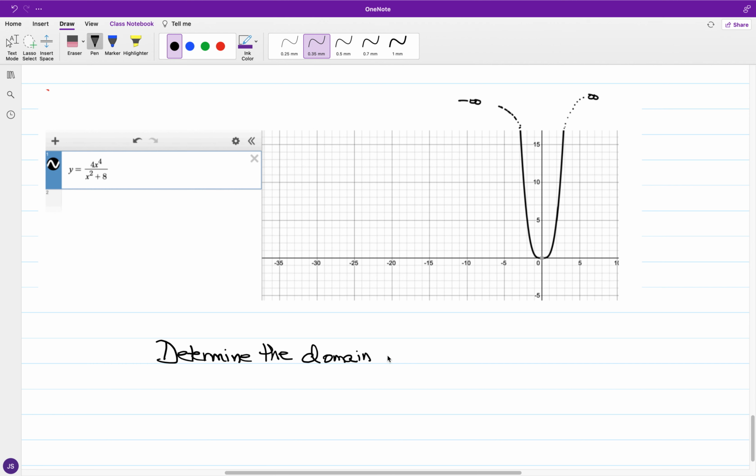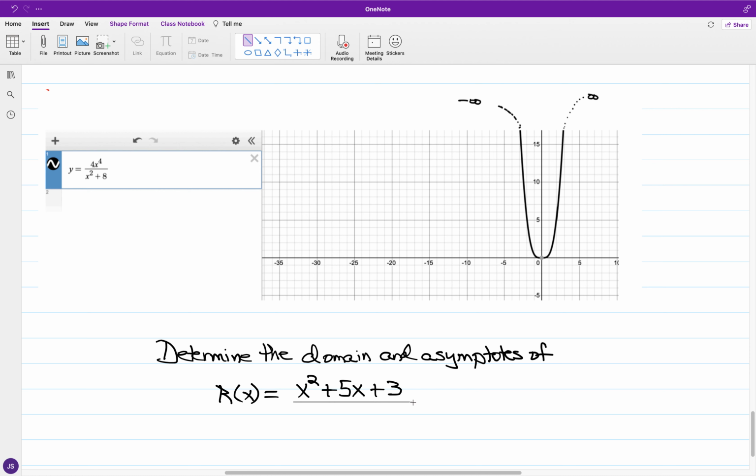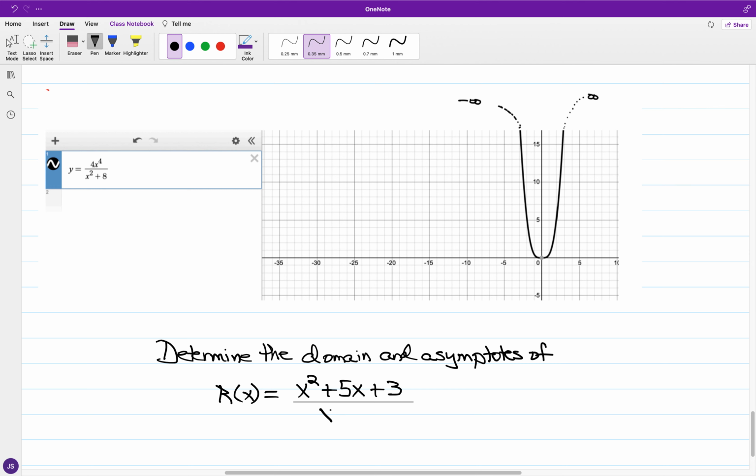Now we'll say that we have here the domain and the asymptotes. In this instance, let's say for r of x, we have x squared plus 5x plus 3, all over x plus 1.